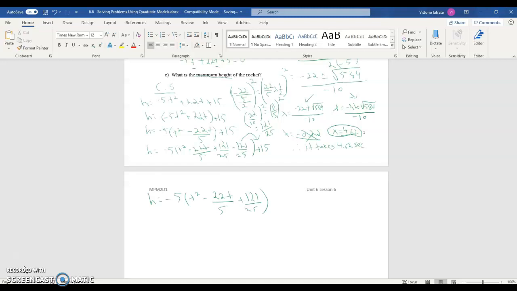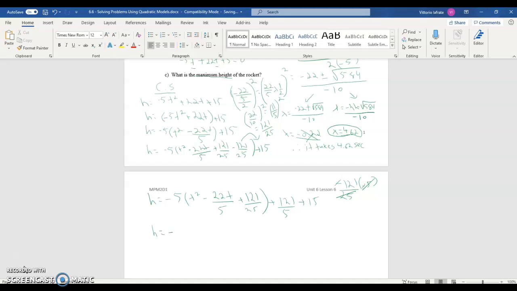If you do that multiplication, just to show you off to the side here, we'll have -121 over 5 times -5. What you'll notice is that the negative will cancel out and become positive. It's over 25. The 5 cancels out here, and this becomes a 5 at the bottom. So that'll be plus 121 over 5 plus 15.